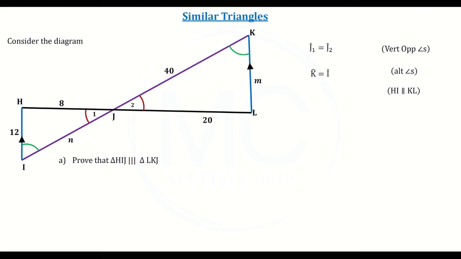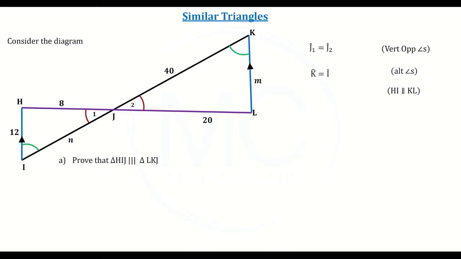Now let's make our transversal line black again, because this is not our only transversal line. HL also cuts both of our parallel lines. So let's make this line purple. We've now created another Z shape. Angle H and angle L both lie inside the Z shape.